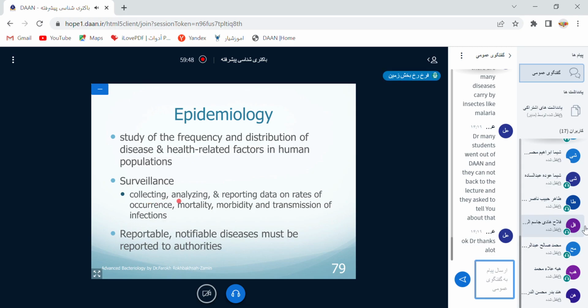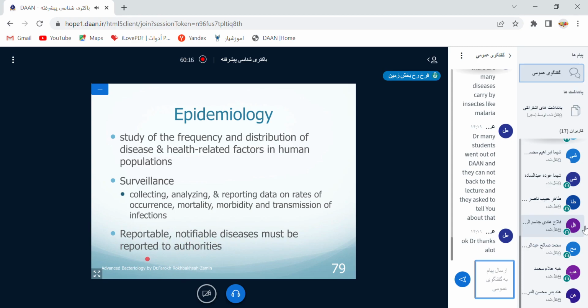Surveillance: collecting, analyzing, and reporting data on rates of occurrence, mortality, morbidity, and transmission of infections. It is surveillance.